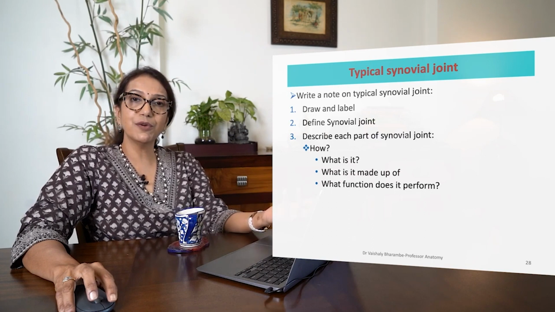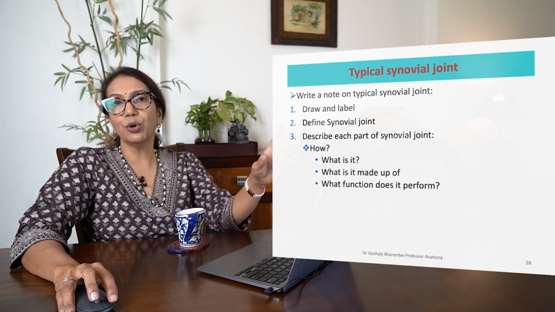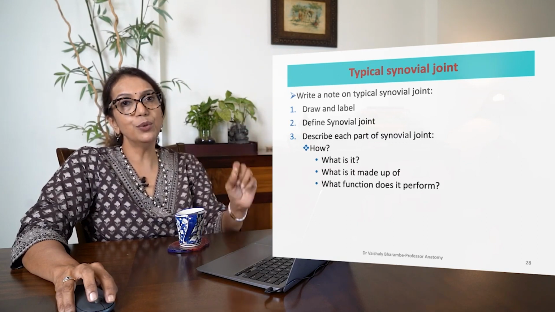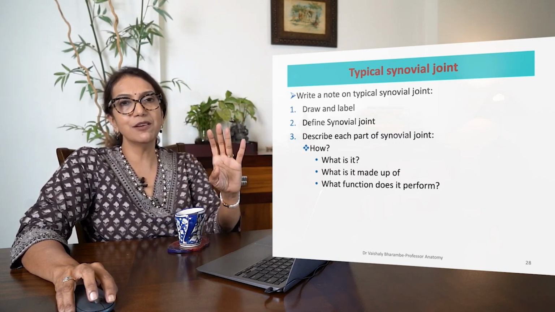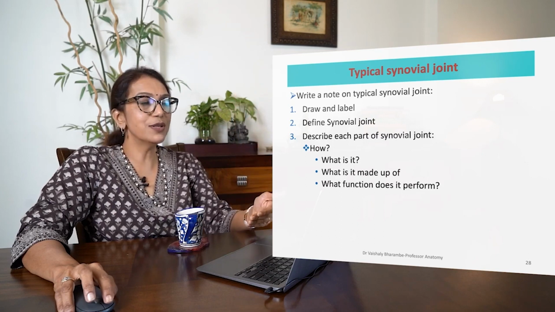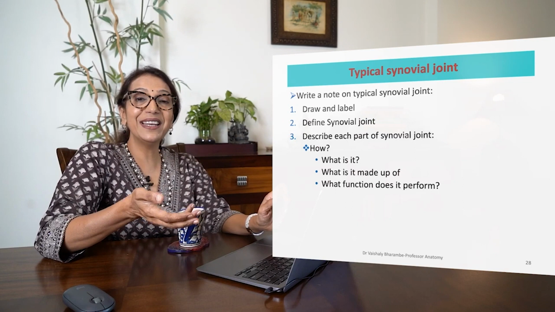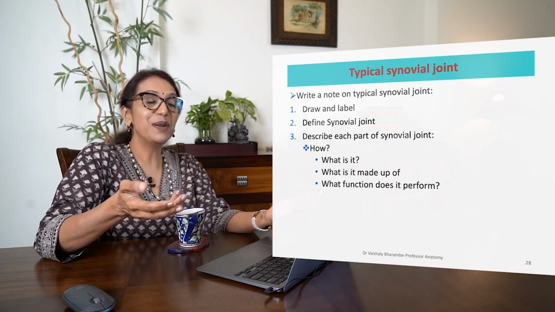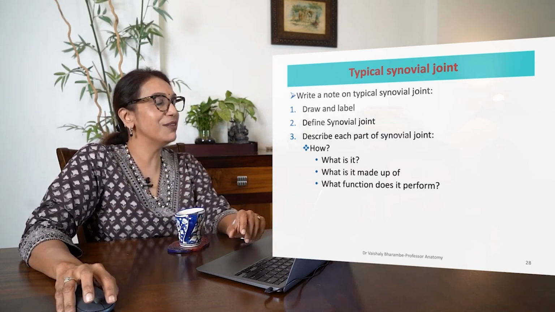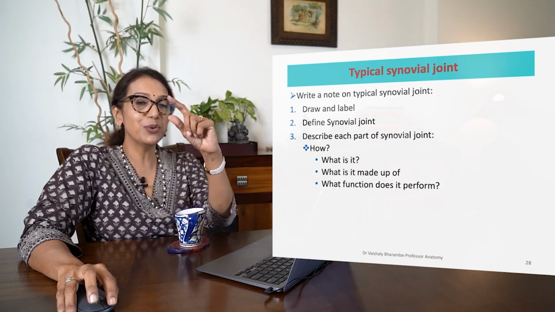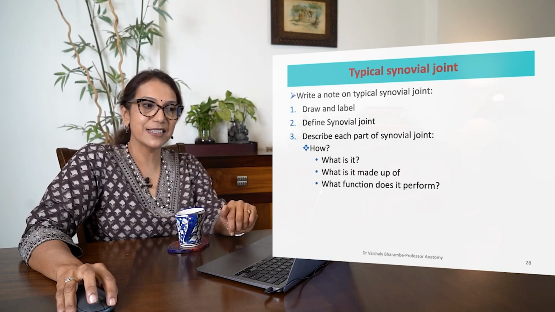What function does it perform? You describe it and then talk about the functions of articular cartilage. For each of the parts that I have taught you, you describe 3-4 lines, and you will find yourself completing a beautiful answer on typical synovial joint. It's not difficult at all. I hope you get that question this time. I want you to attempt it and score in it.